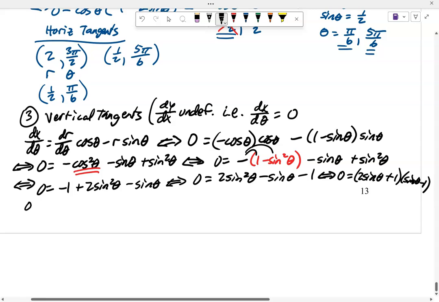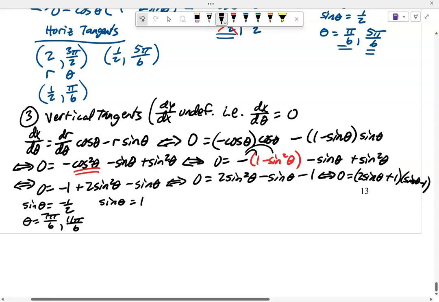So where does sine of theta equal negative a half? And where does sine of theta equal 1? Well, this would be at 7 pi 6 and 11 pi 6.